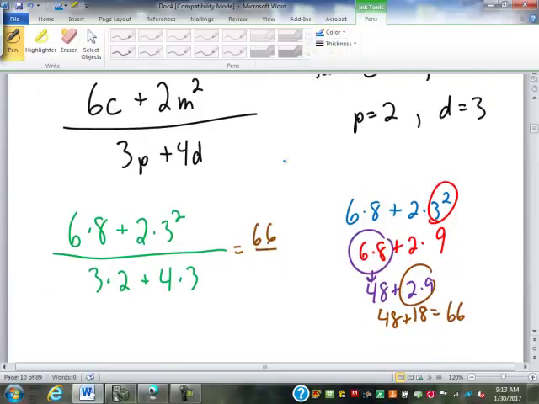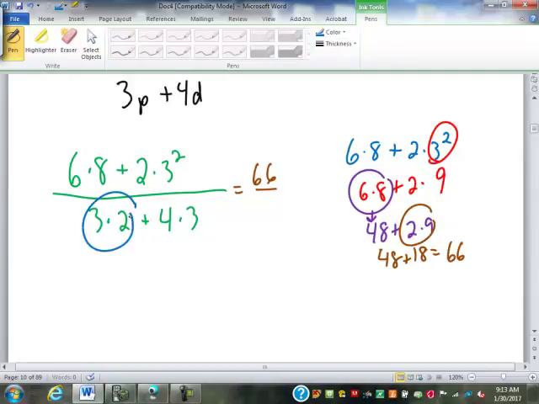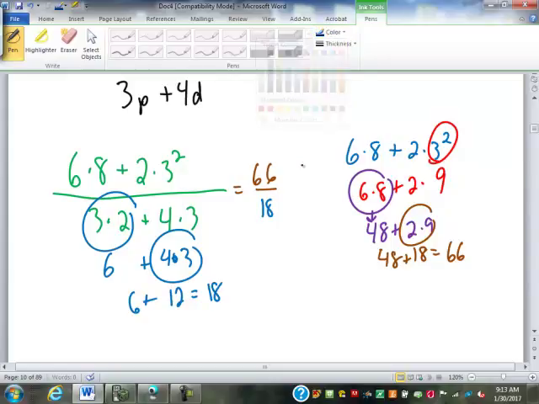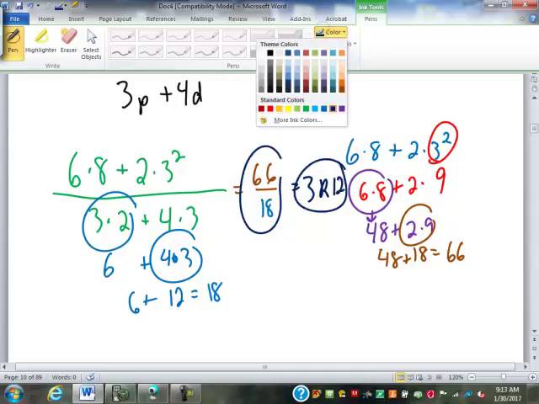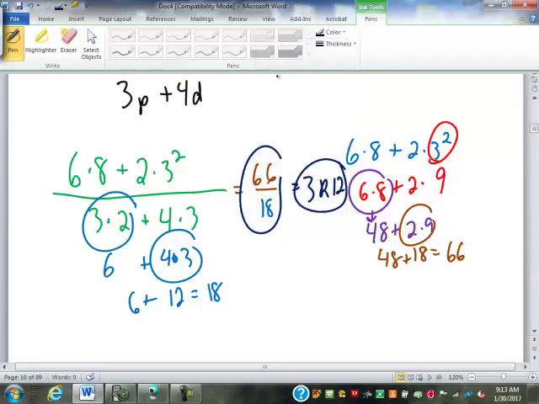On bottom, 3 times 2 is 6, plus 4 times 3 is 12. So 6 plus 12 is 18. That divides out to be 3 with a remainder of 12, right? So we're at 3 2/3 if you divided it out, 3.666. Any questions so far?